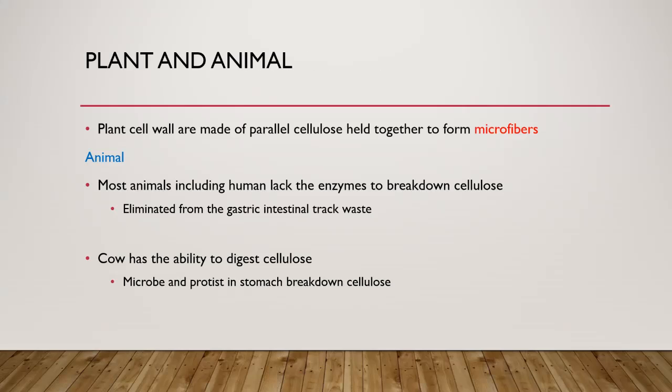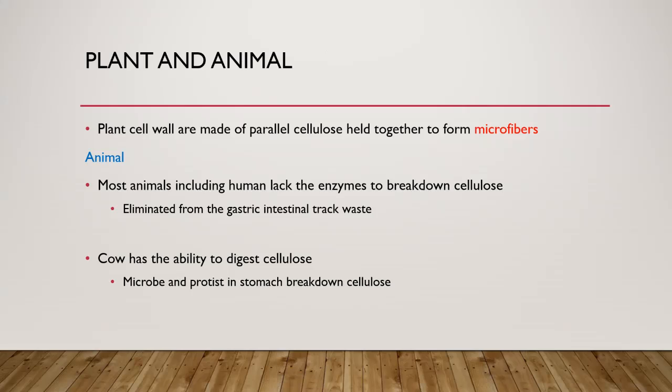Plants and animals. Plant cell walls are made of parallel cellulose held together to form microfibrils. So microfibrils are basically building material. So animals. Most animals, including humans, lack the enzymes to break down cellulose.